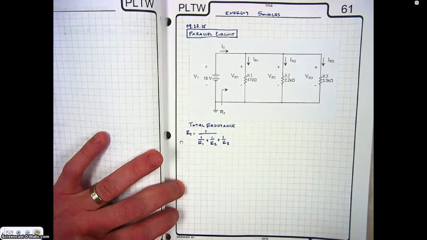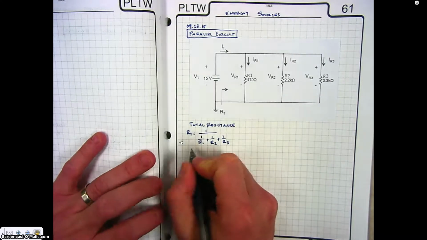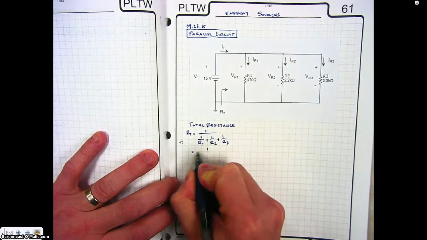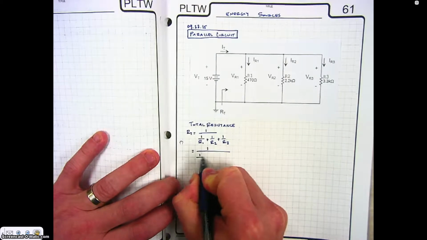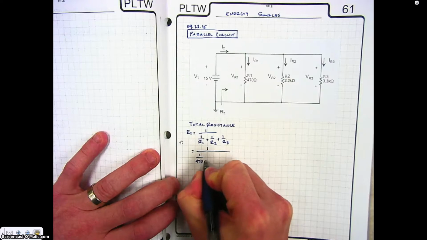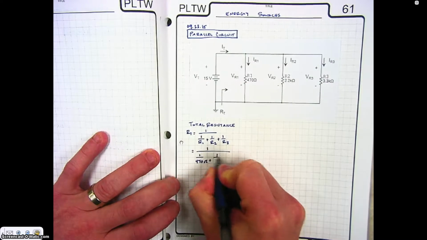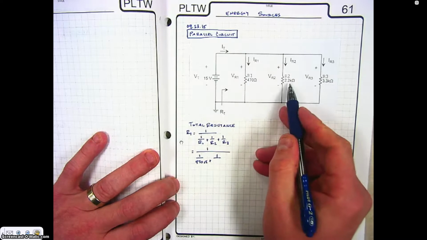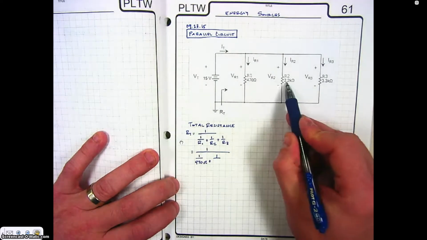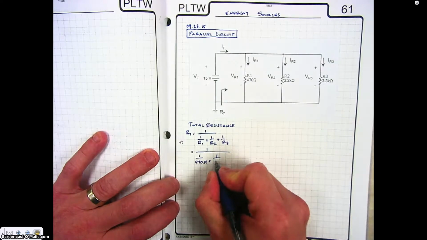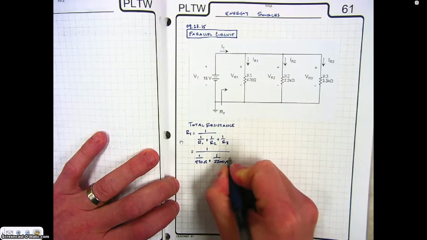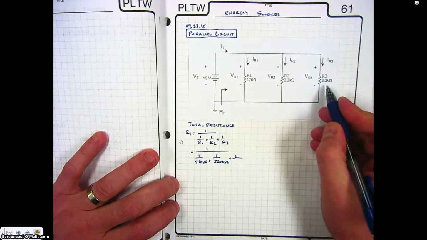Plug in our components. The first one we have is component 1, 470 ohms. We add that to component 2, which is 2.2 k ohms. Again, to add these together, they have to be like terms, so I will move the decimal 3 places to the right, and that becomes 2200 ohms, plus 3.3 k ohms.